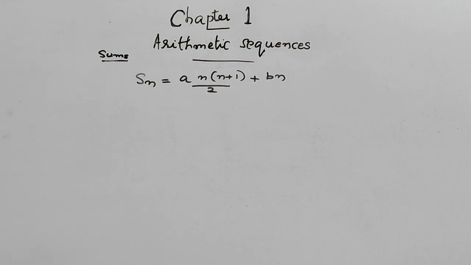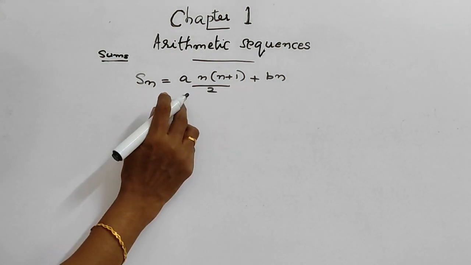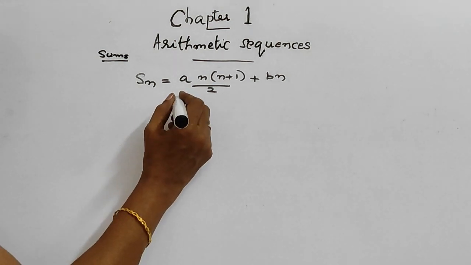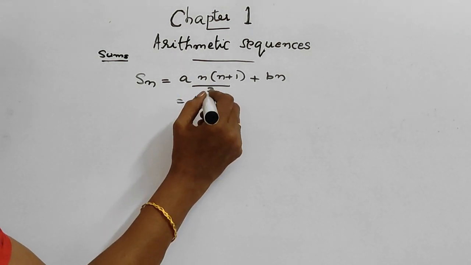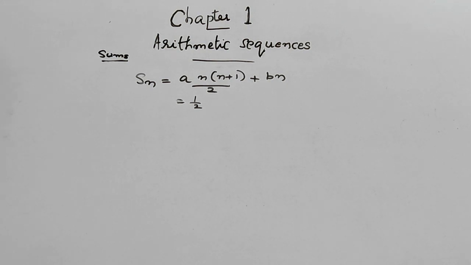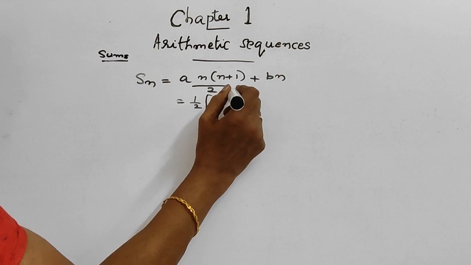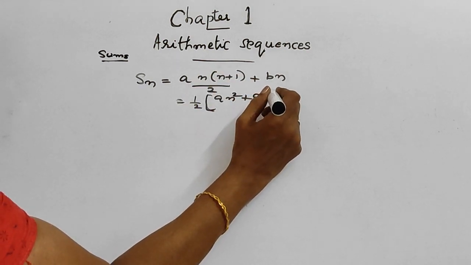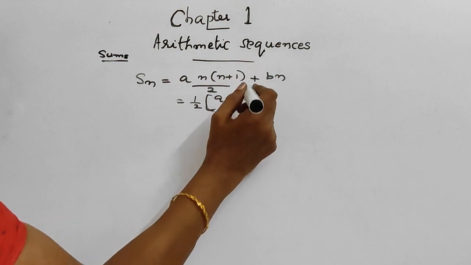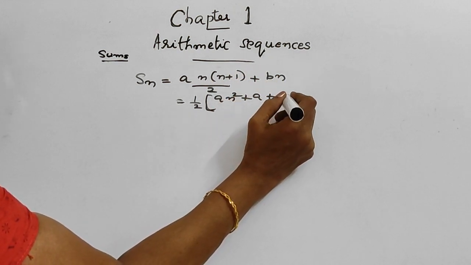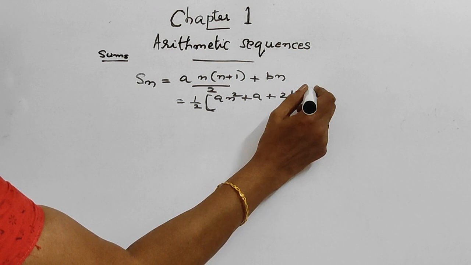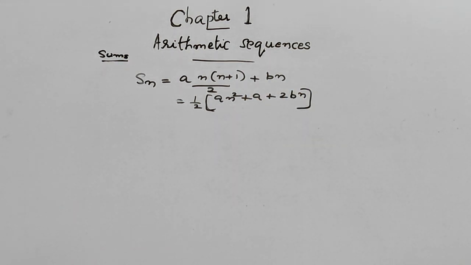See here, thoroughly we got the answer as half, taking half, open the bracket, an square plus an plus 2bn.